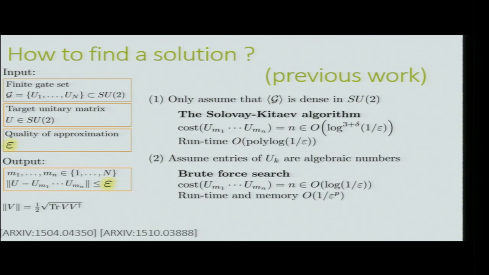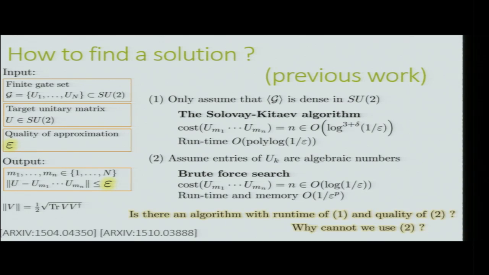Right, but then combining our previous non-constructive results with this algorithm, we know that we will saturate the lower bound. And the very natural question to ask is whether you can have the good parts of both of these, right? So can you have logarithmic scaling of length with the required approximation quality, but still run in polylog of 1 over epsilon.